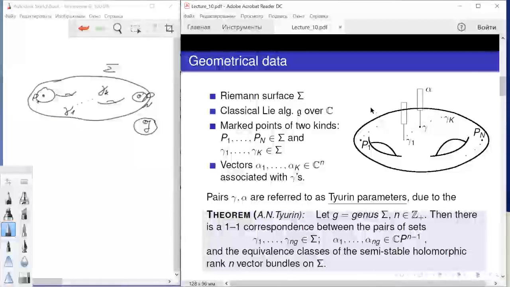I didn't specify which kind of Lie algebra I will consider. I only said it's a classical reductive Lie algebra, which includes GLN, SLN, orthogonal and symplectic Lie algebras.